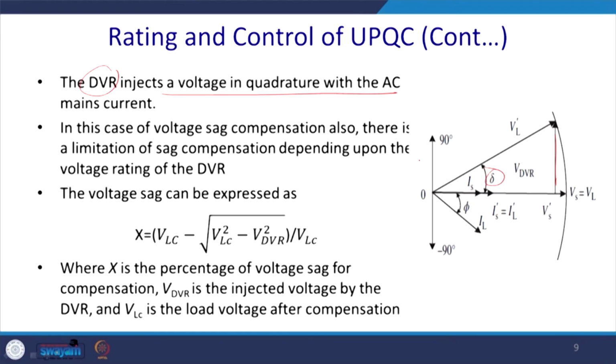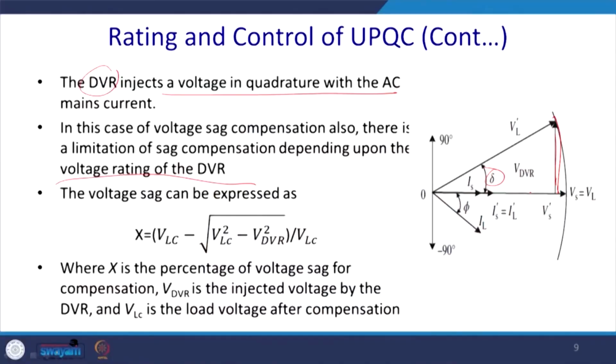Ultimately this is the new angle delta with the current, and previously it was Vs and this was phi. There are also limitations on the sag compensation depending upon the voltage rating of the DVR. How much you can inject has a limit, it can be 0.5 per unit. So this hypotenuse can be maybe half of this base. Thus you have a limit on the compensation of the sag.